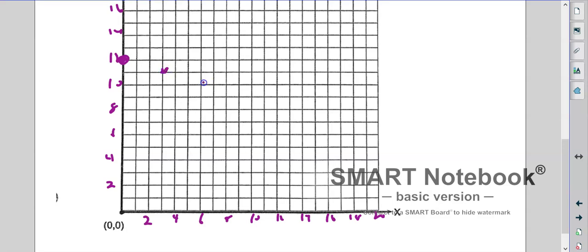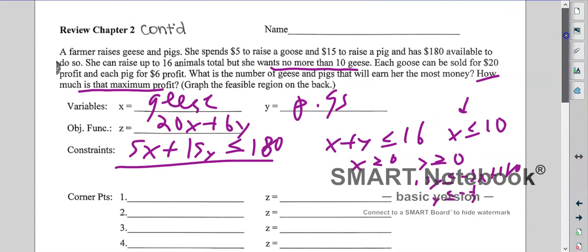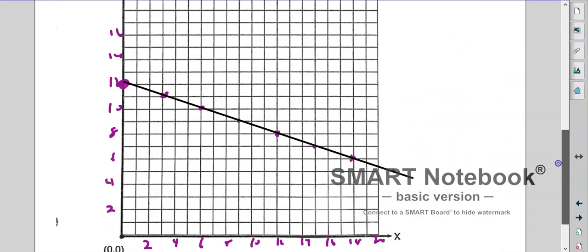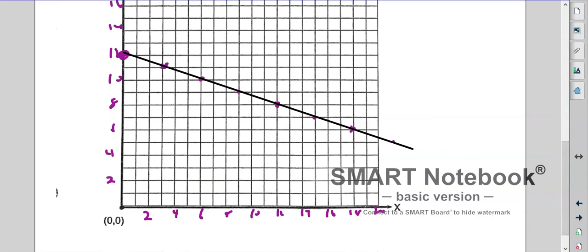Down 1, right 3. Down 1, right 3. And then I'm off the chart. But don't worry, we won't need it. Now, I'm going to test my 0, 0. 0 is less than 180 is a true statement. So I'm going to just simply shade under here. Don't need a lot.